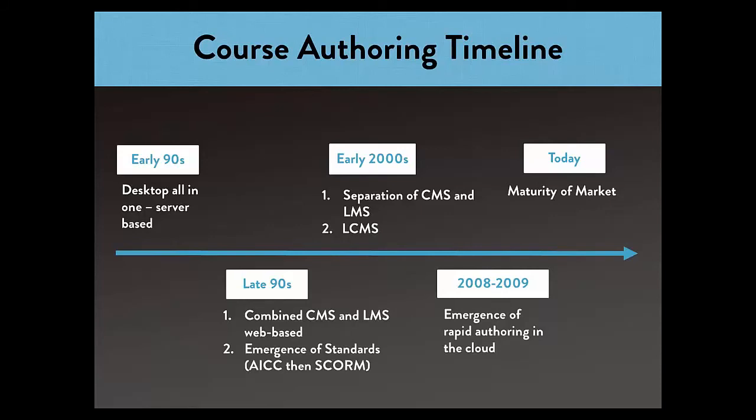Authorware was an early authoring system in the late 80s and early 90s, and they were all, of course, on the desktop. They built certain library features that could track learners, but it was on the desktop. As the internet emerged, we saw ways to start building courses using the web.